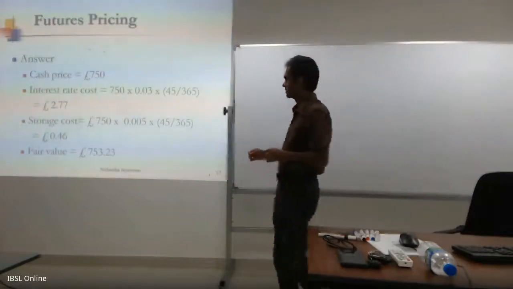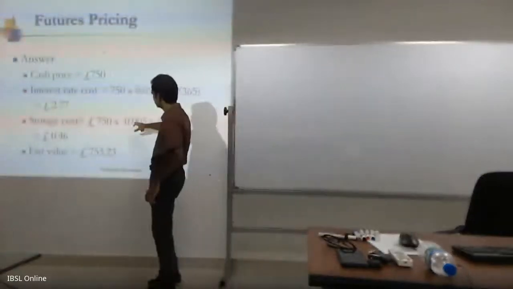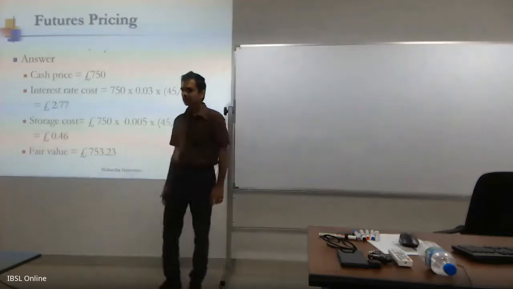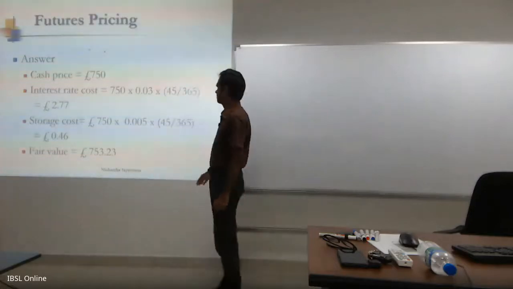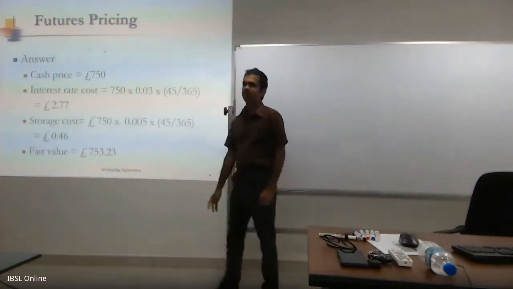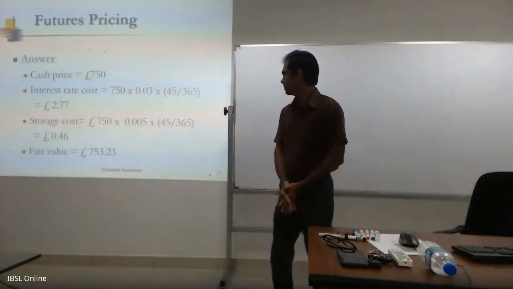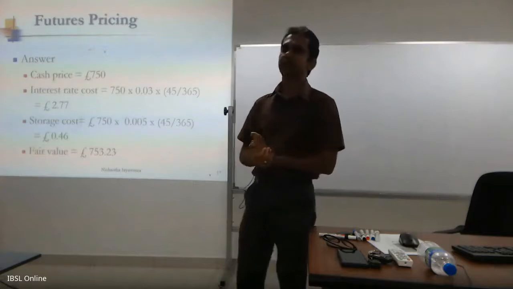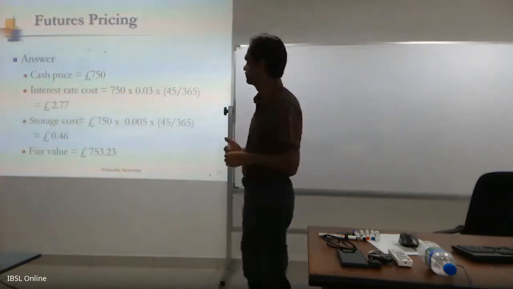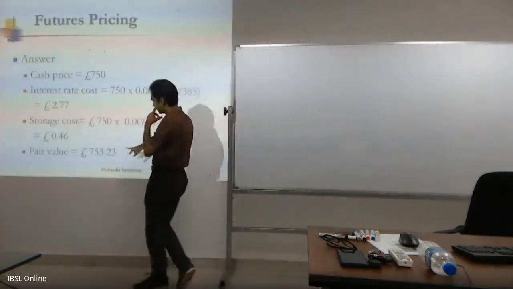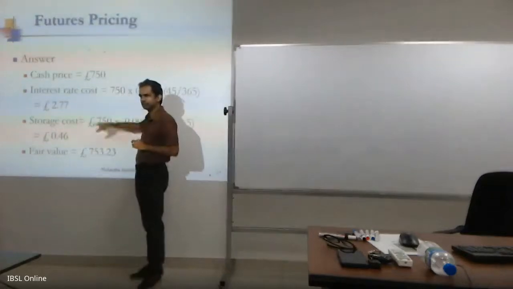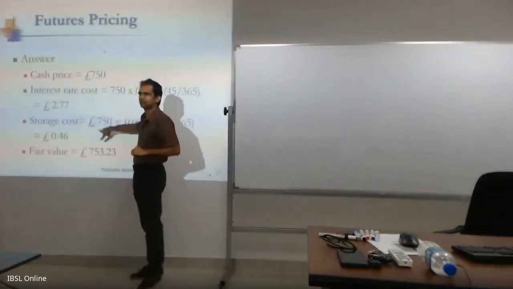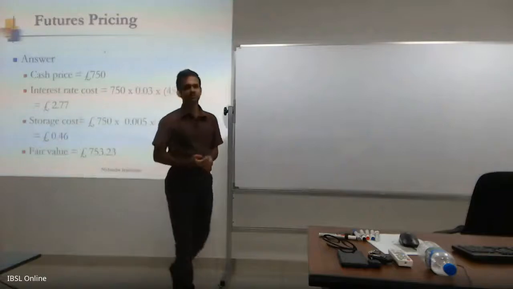Then I think there should be another zero. It's only 46 pence. Then the fair value is 753. Again, the futures fair value is higher than the cash price just because you have only cost.